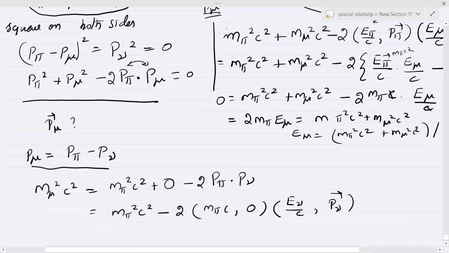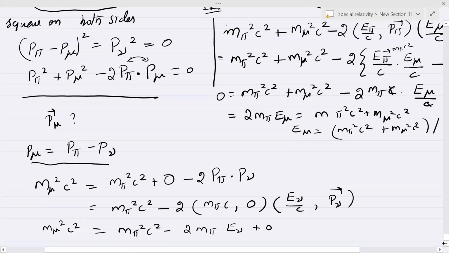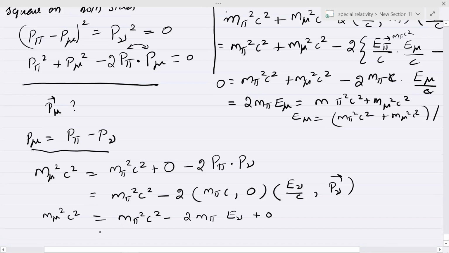Now we are able to eliminate this p nu vector because this will give m pi square c square minus, you just multiply these things, 2 m pi E nu, the other term is 0 plus 0. This is m mu square c square. So this is equal to m pi square c square minus 2 m pi.